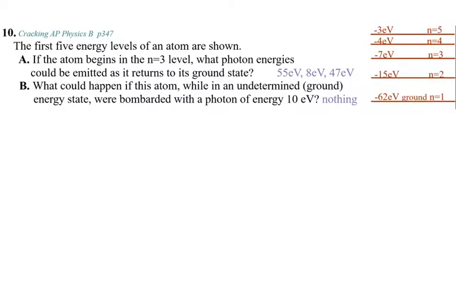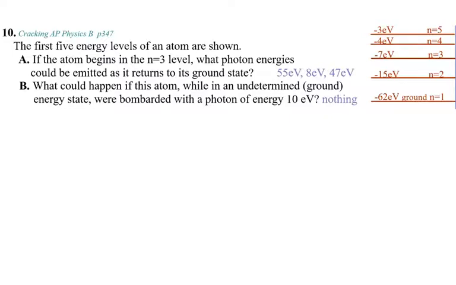So for number 10, we have the first 5 energy levels of an atom shown. If the atom begins in the n equals 3 level, what photon energies could be emitted as it returns to its ground state?